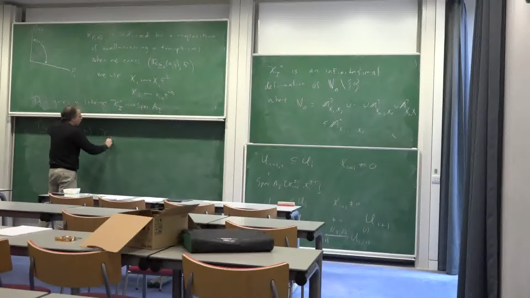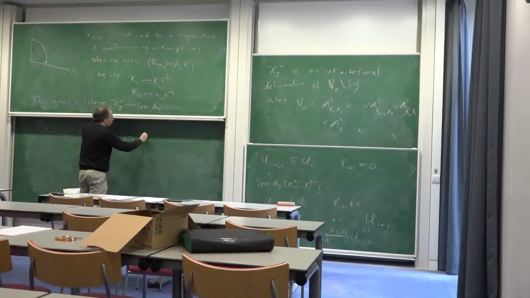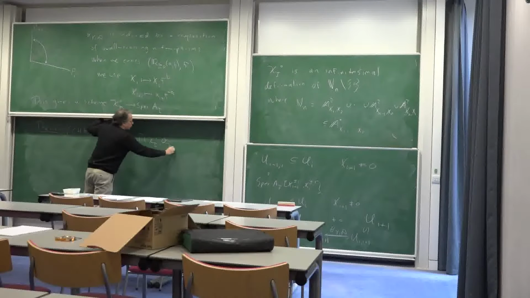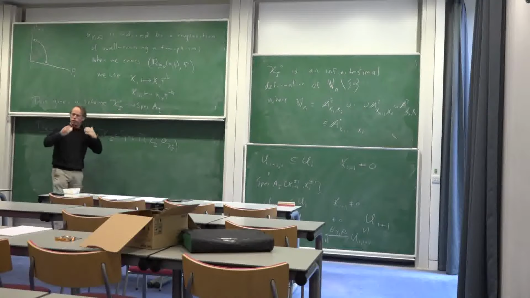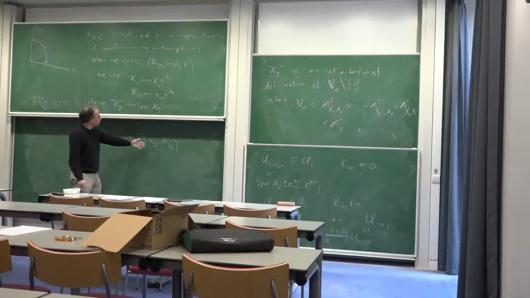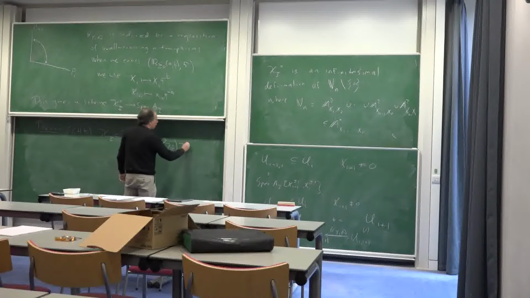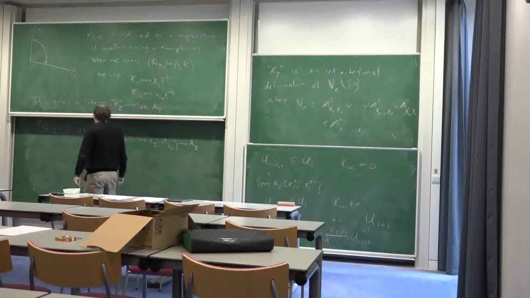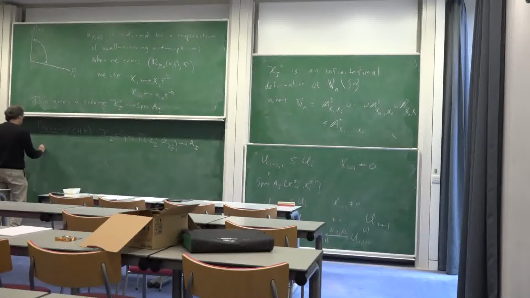Let's define X to be the spectrum of the space of global sections of the structure sheaf of this scheme we just constructed. You just take all the regular functions on this scheme. Of course, this is an A_I-algebra, so we have a morphism to Spec A_I.